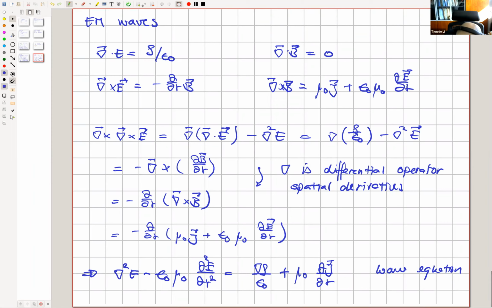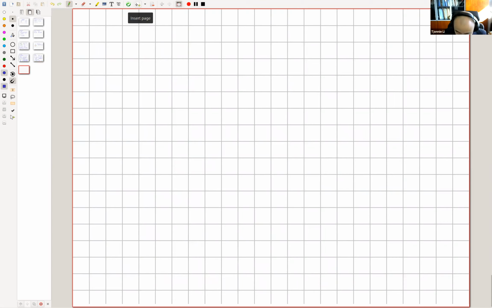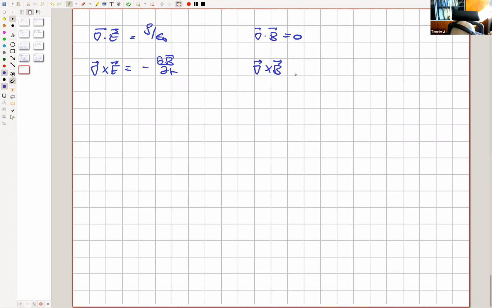So again, let me do this, and let's very basically start with Maxwell's equations. I'm going to write these down until you can dream them. So the divergence of E, curl of E, and then the divergence of B, and then the curl of B.